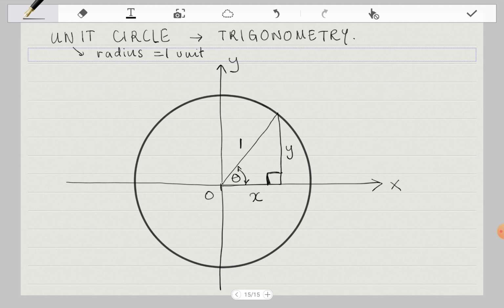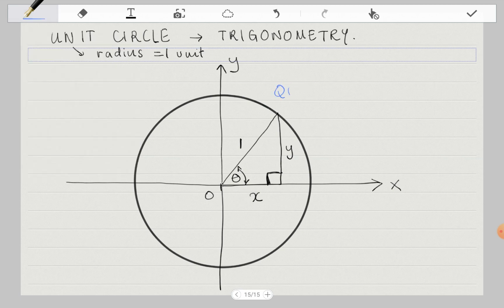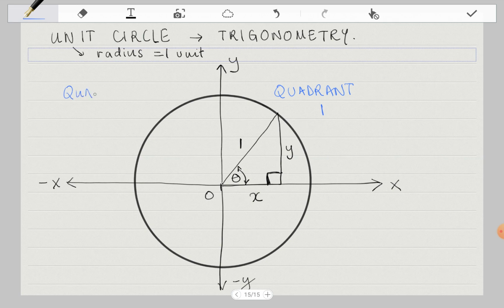So we're going to explain the concept of the quadrants. Obviously where you've got positive x and positive y, we refer to this as the first quadrant. So we call this quadrant 1. Where you've got y and negative x, so I'm going to put in a negative x in here, and let's put in the negative y here as well, we call this quadrant 2.